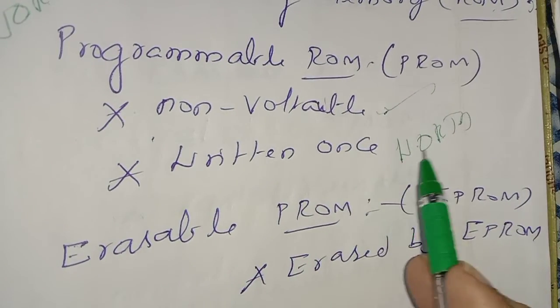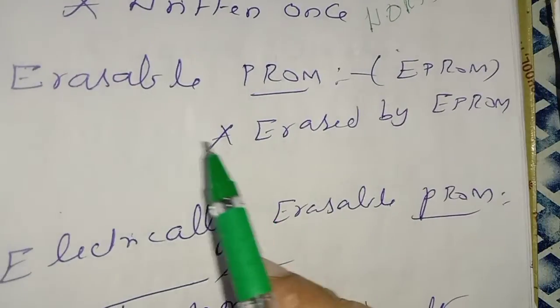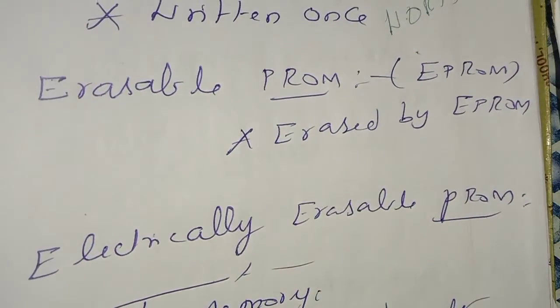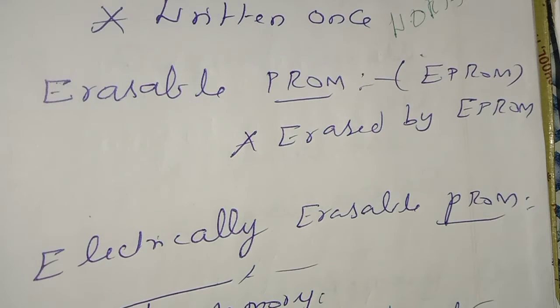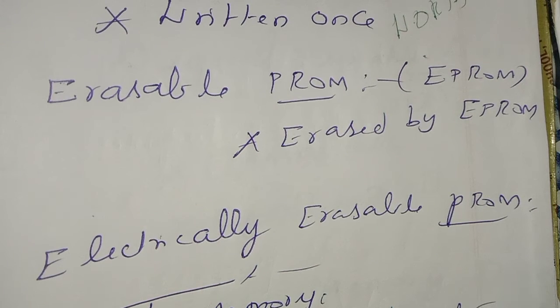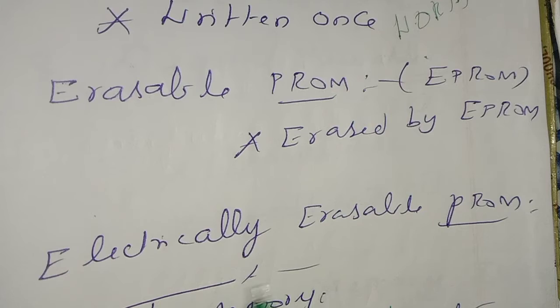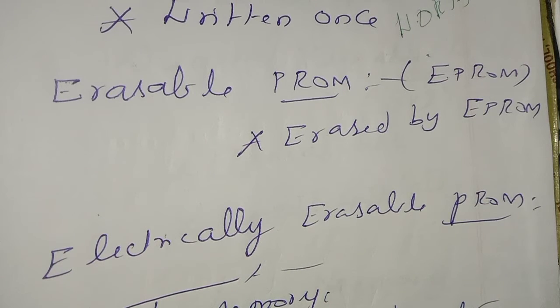Write once, read many. That's called PROM. Next comes erasable PROM. Sir, you said only one time, so how is erasable possible? You expose it to UV rays, ultraviolet rays, and it is completely erased. Next is electrically erasable. Not only ultraviolet, even electrical signals can erase it. That's called EEPROM, electrically erasable PROM, E squared PROM we will say.